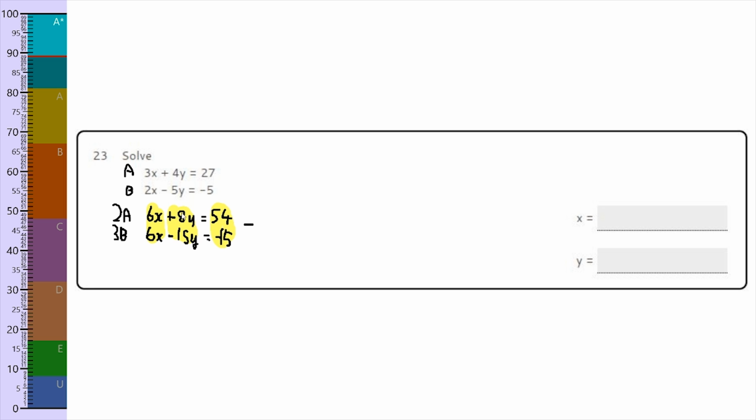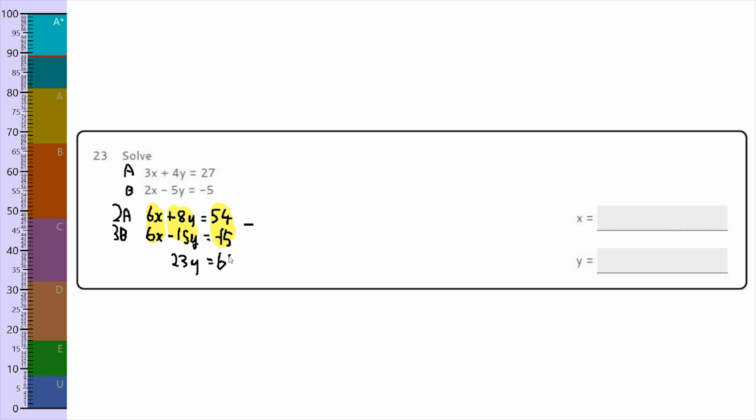Now this one's quite complicated. 8y minus 15y. Those two minuses will go together to make a plus. So I'm doing 8y plus 15y, which is going to be 23y. And the same thing here, 54 take away minus 15, that's going to be a plus.